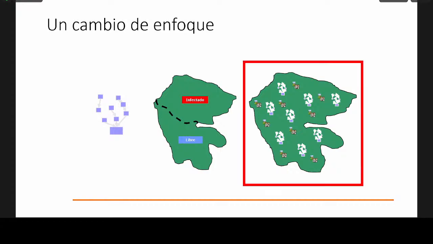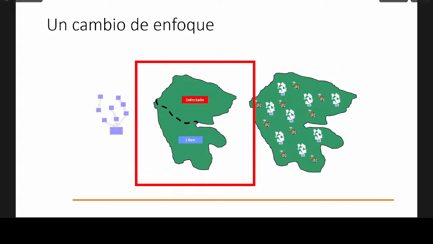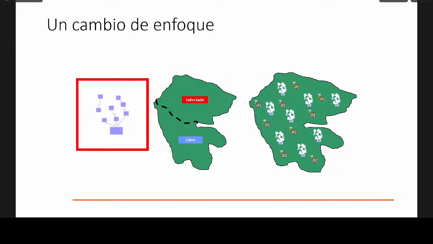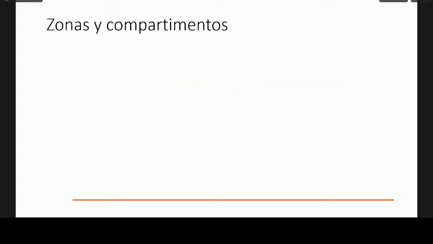So previously we were only able to have international trade based on countries with free status, but after this zoning, we are now under the possibility of having international trade based on zones. And with compartmentalization, we are expanding this possibility in order to have foreign trade based on these sub-compartments.